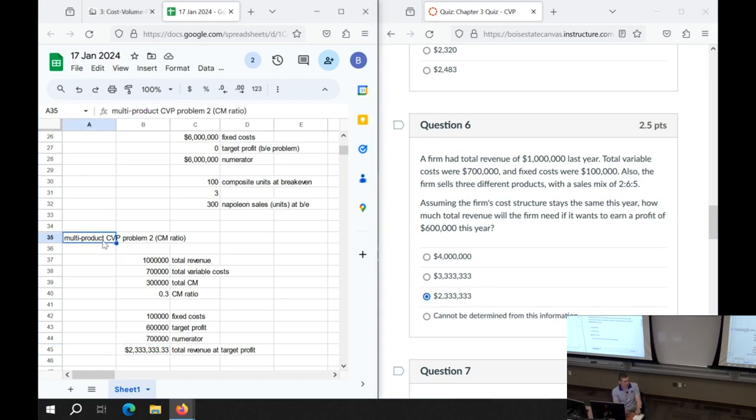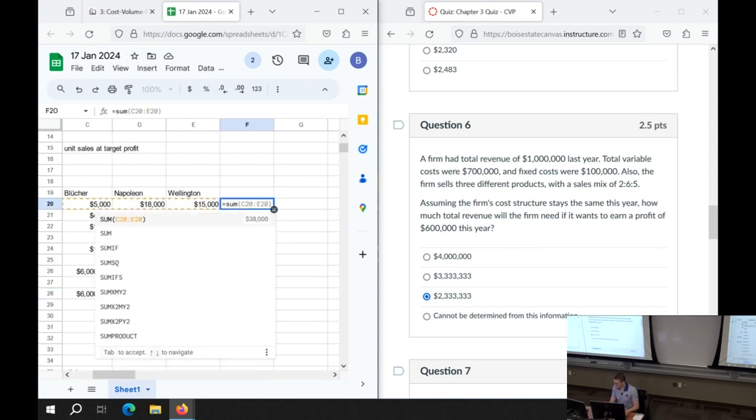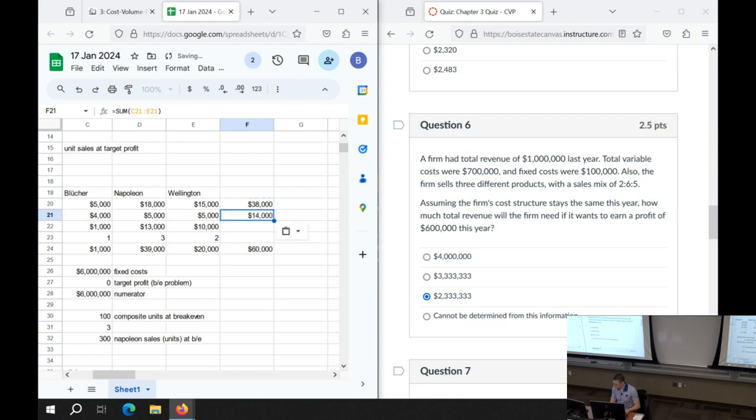So the multi-product CVP problems that use the CM ratio are a little easier because it's all baked into the cake of this cost structure, which is expressed in one number with this 0.3. So, for example, this problem right here, we do the same thing.